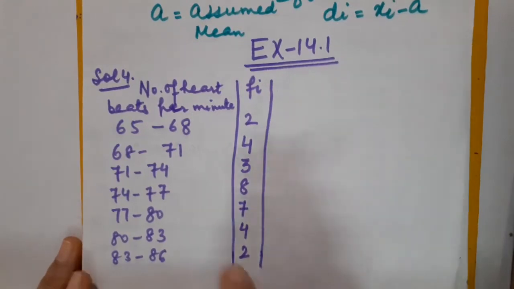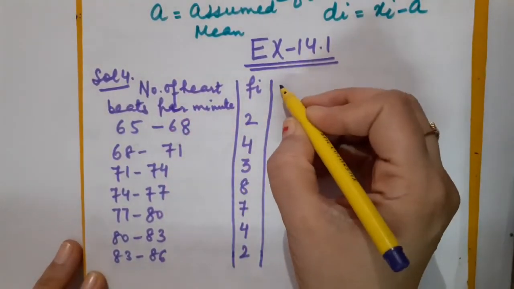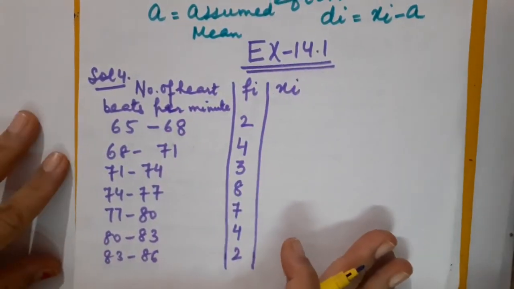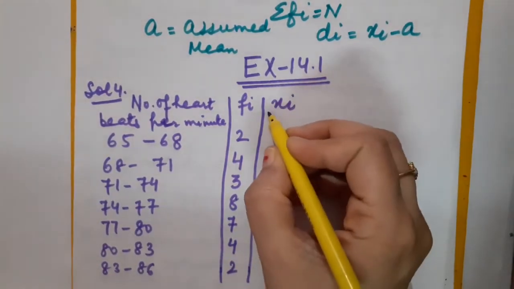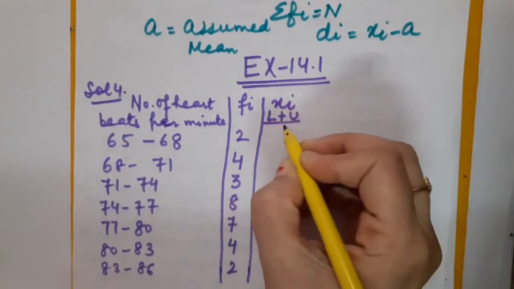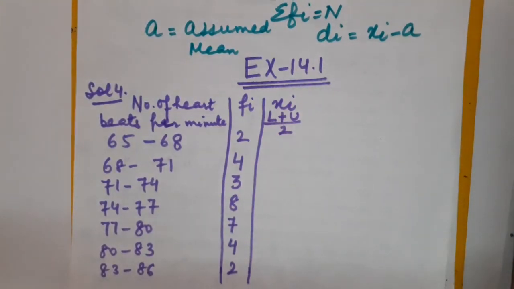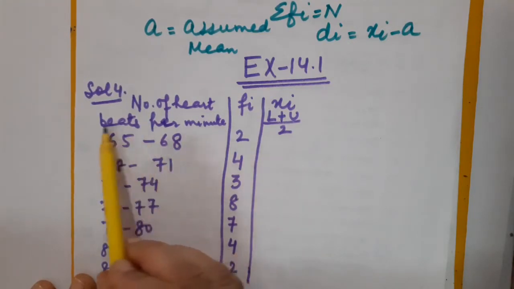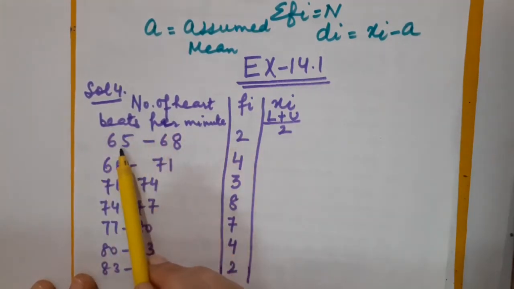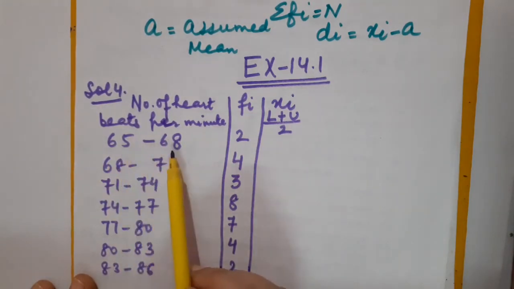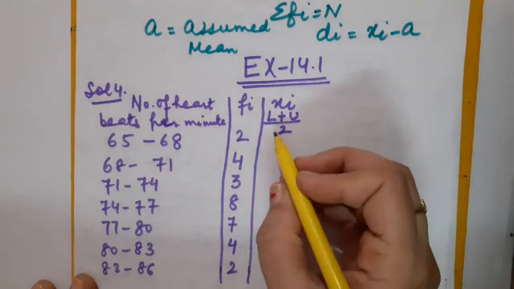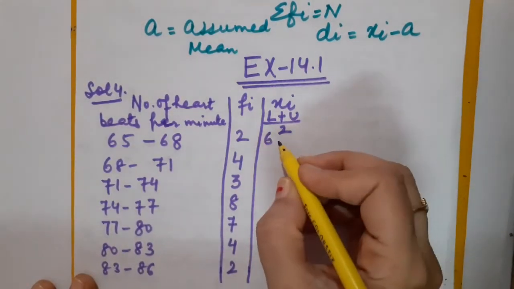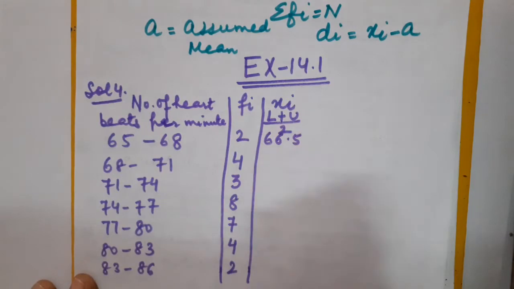Correct? Now children, we are going to calculate xi first of all, which is the class mark. You know the formula: lower limit plus upper limit divided by 2. So let us apply it. 65 is the lower limit and 68 is the upper limit for this class interval. 65 plus 68 gives 133, divided by 2 gives 66.5.